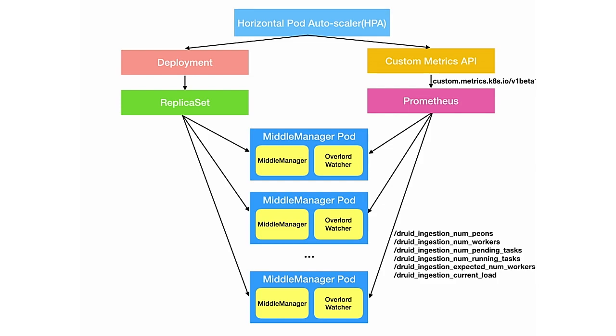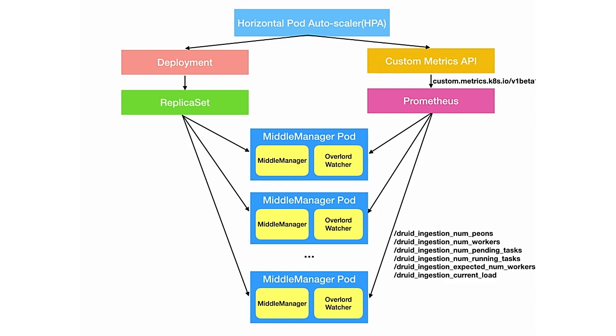One component collects metrics from Druid and stores them in the Prometheus time series database, and a second component, the Prometheus adapter, extends the Kubernetes custom metrics API with the metrics supplied by the collector.